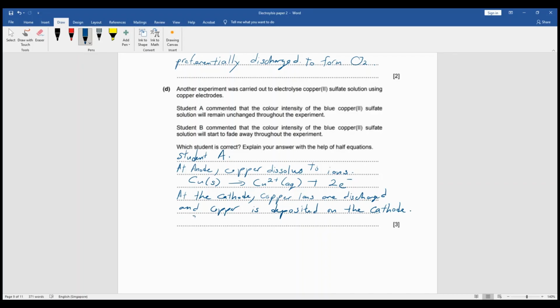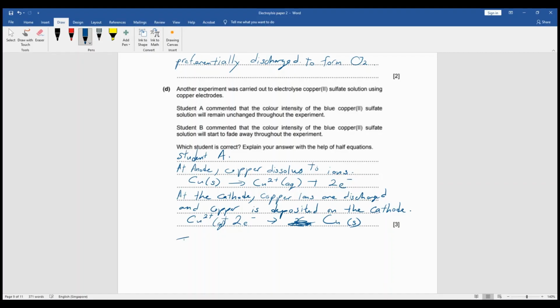Then again, you write your half equation. Cu2+ gives you copper solid.